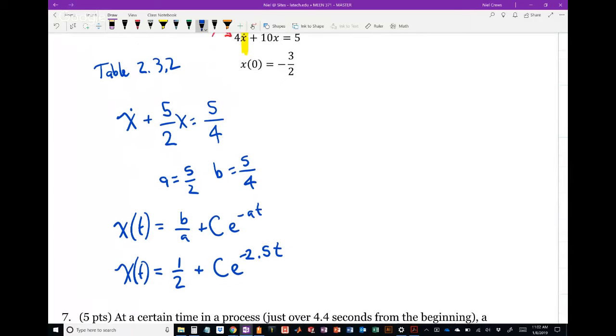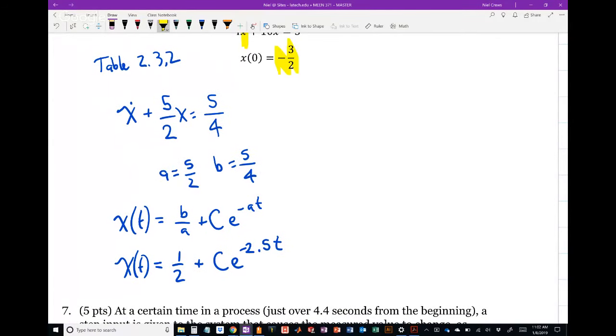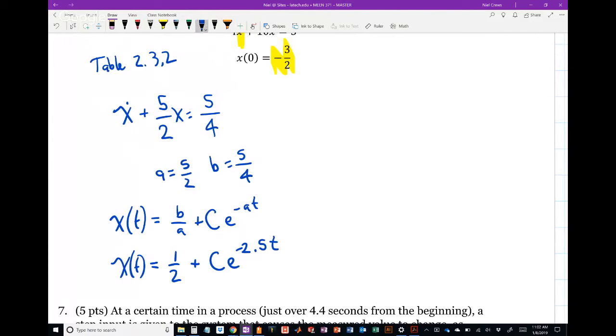And we have an initial condition that says x0 is negative 3 halves. So we can solve for that here. Negative 3 halves equals 1/2 plus c times 1.